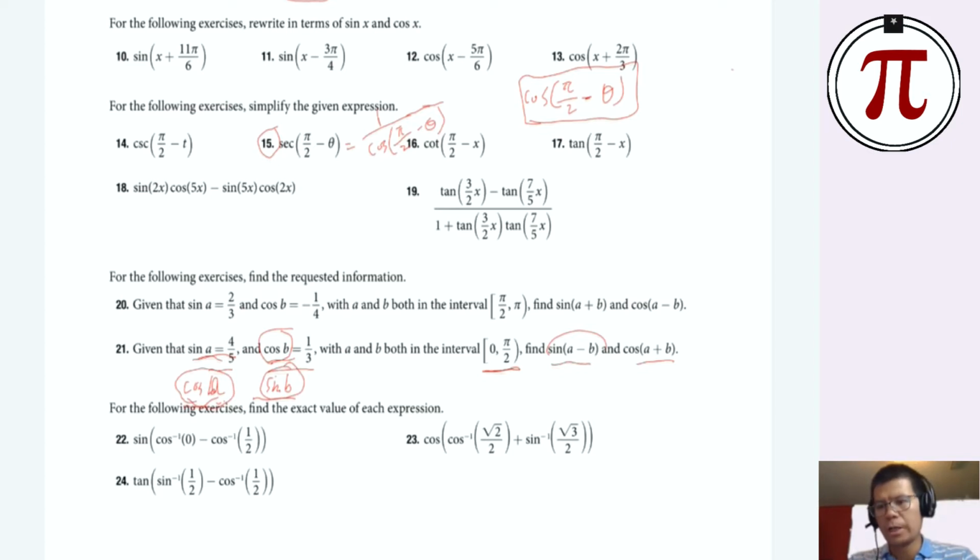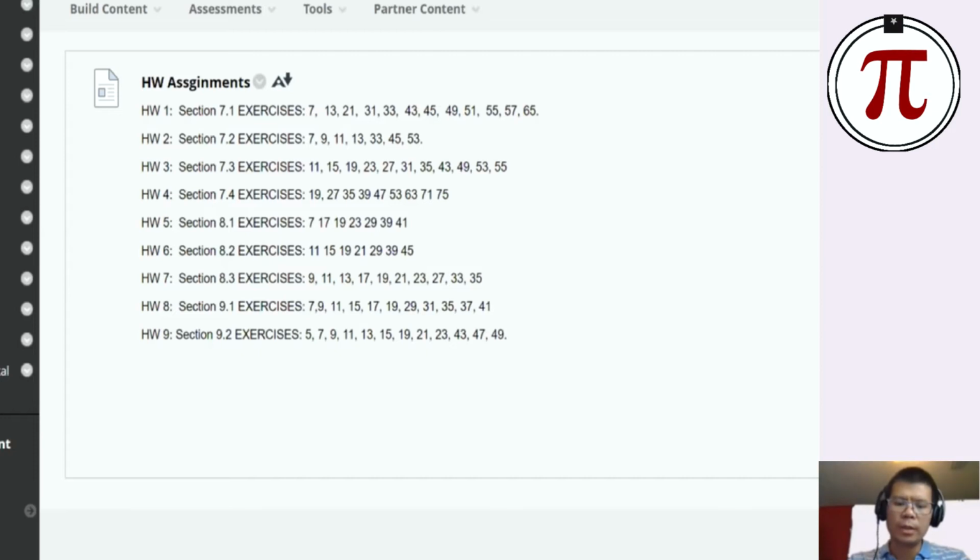After you find cosine A and sine B, these four values are known, then just plug in, and it should be good. Are we good with this? Okay. Any other questions?